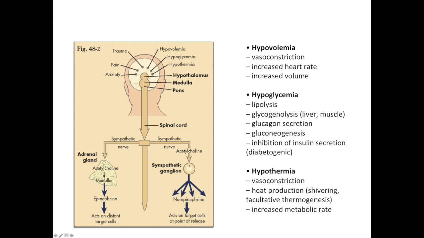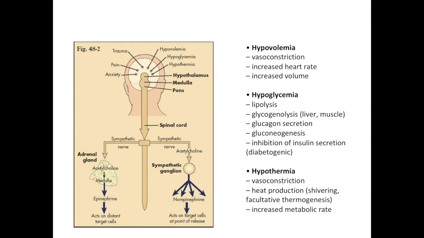So epinephrine is released into the blood, and so it's kind of more endocrine and acts on distant target cells and creates a total systemic sympathetic response, whereas norepinephrine is more tailored to specific sites of release.